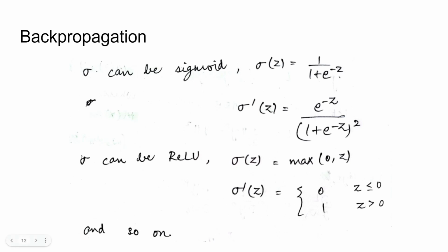In case sigma represents a ReLU function, then it is defined as the maximum of 0 or the argument itself, which is z, and its derivative will be 0 if the argument z is negative, otherwise it will be 1, and so on. So it can be ReLU, sigmoid, tanh, leaky ReLU, exponential ReLU. It can be any nonlinear activation function. Depending on what function it is, you have to compute its derivative accordingly.